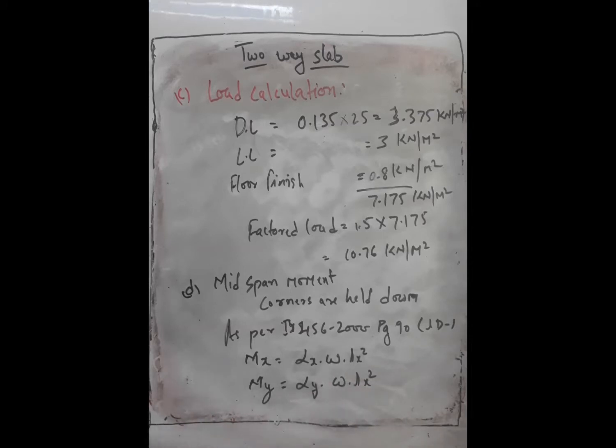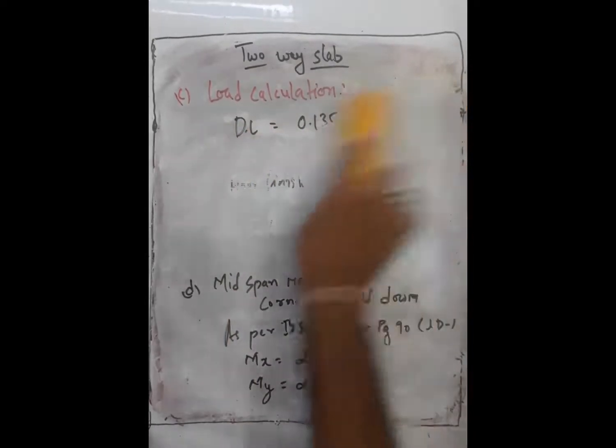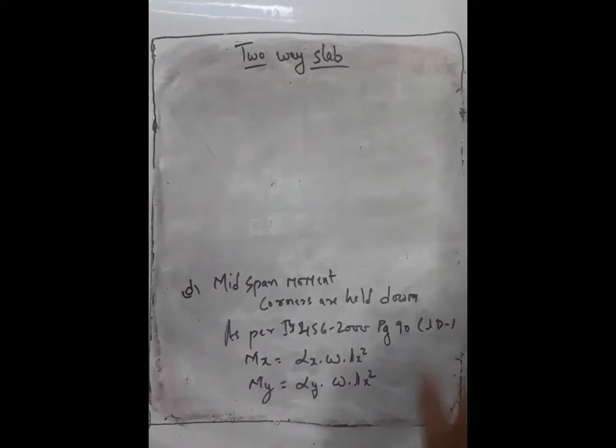So you have to find first the alpha x and alpha y values. After finding those values, you put them in this equation and find the moment along x and the moment along y. So how do we find alpha x and alpha y? For that you have to visit table number 27.